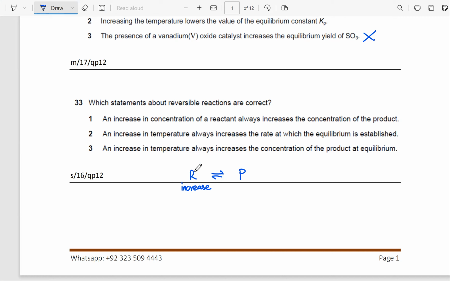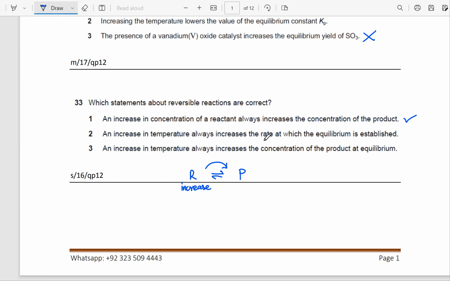It will try to do the opposite. It will try to decrease the concentration of the reactant. How will it decrease it? By favoring the products. It's going to convert some of the reactants to products, right? So whenever I increase the concentration of the reactant, the equilibrium will automatically try to decrease it and favor the forward reaction. So more products are going to be produced. So the concentration of the product is definitely going to increase.